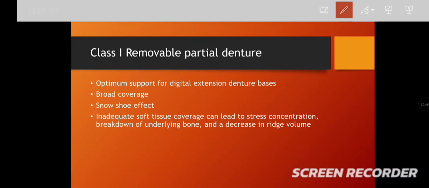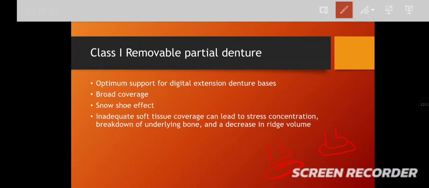It should cover a broad area and it should have a snowshoe effect. Snowshoe effect is nothing but you are wearing a boot, that is snow boots, and placing a foot on the snow, and after removing it you will see how much space the shoes have occupied.